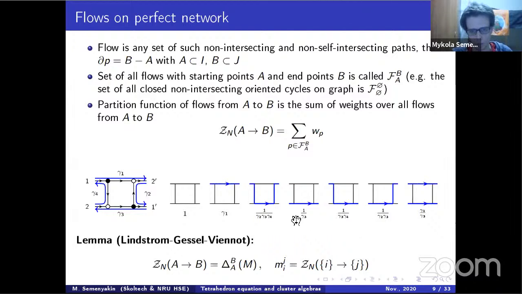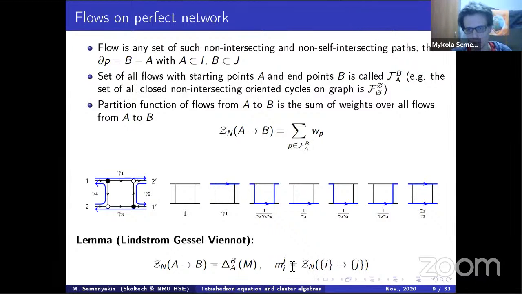An important property of such a partition function is called the Lindström-Gessel-Viennot lemma. It states that if we take some subset of sources and some subset of sinks and compute a partition function of flows, then it can be computed as a minor of the matrix of flows in the sector with one flow.